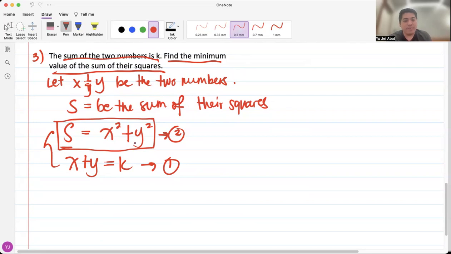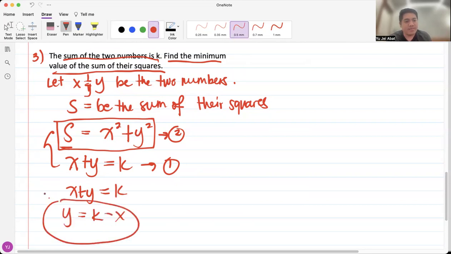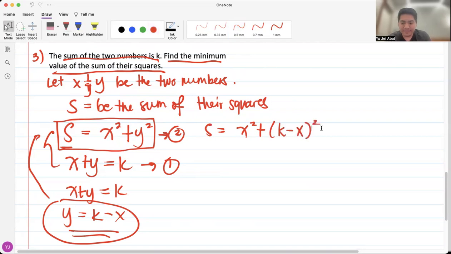So from equation 1, x plus y equals k, I'll have y equals k minus x, and substitute this into the second equation. So s equals x squared plus k minus x squared.